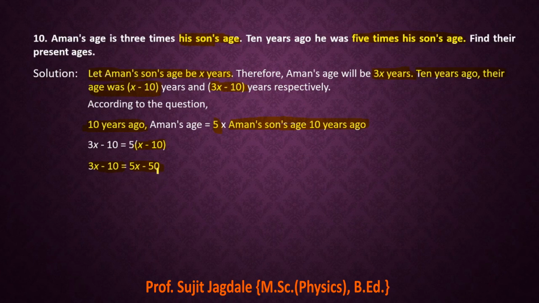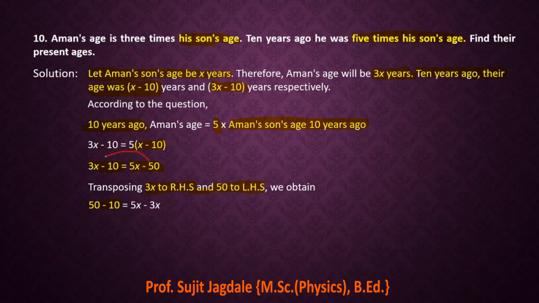Now simplify it by transposing the values. That means we are going to transpose the 3x to the RHS and 50 to the LHS. Then we are going to get the ideal condition. That means all the variables should be on one side and all the numericals should be on one side. So 50 minus 10, as here 50 is minus, after shifting to the left hand side it will become positive, and 3x is positive, so after shifting it to the RHS it will become negative. So 5x minus 3x, that is going to be 2x.